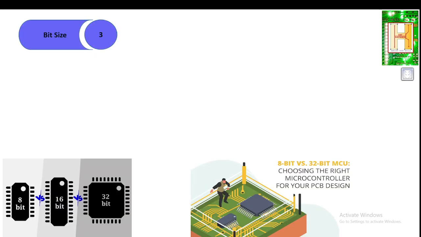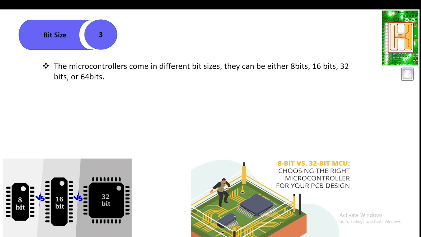The third, which is most important, is the bit size of the microcontroller. There are many bit sizes available in the market for different microcontrollers. A microcontroller can come in different bit sizes, either 8 bit, 16 bit, 32 bit or 64 bit.